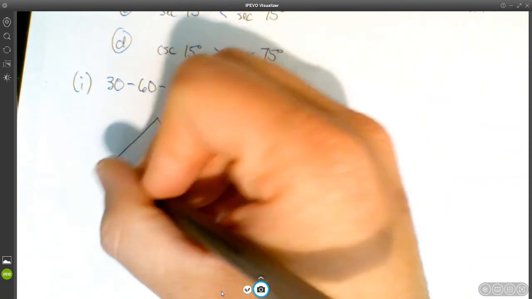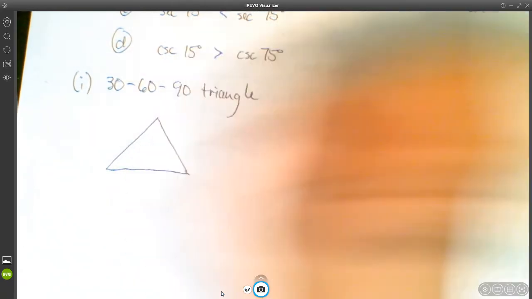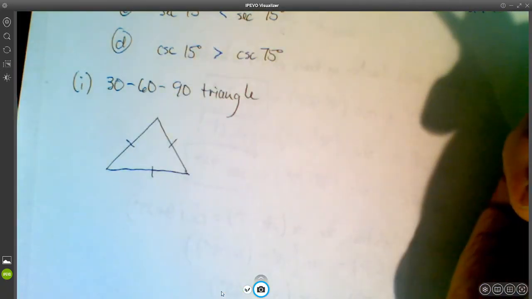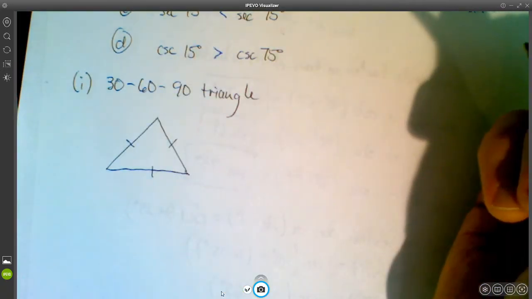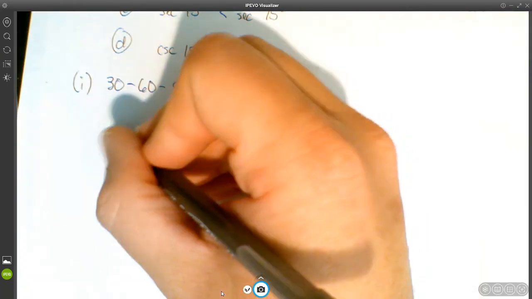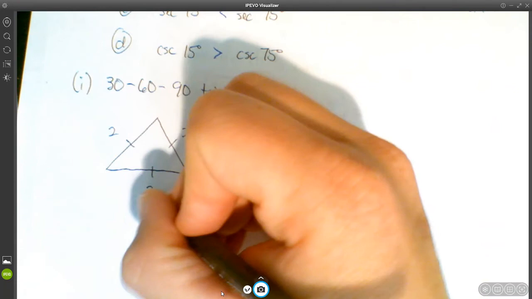So if we give ourselves an equilateral triangle, we know that all three sides are the same length. Okay? It doesn't matter what we call that length, but to make the math easier to work out, I'm going to call each of these length 2.